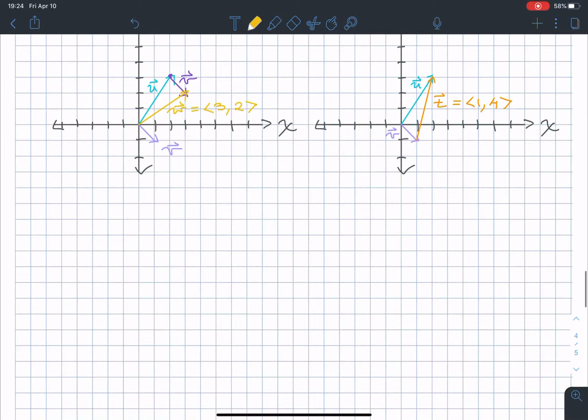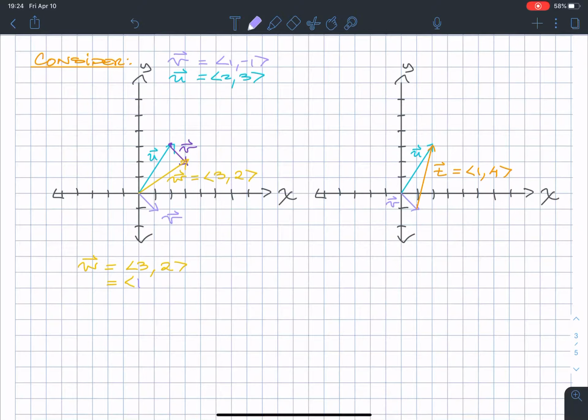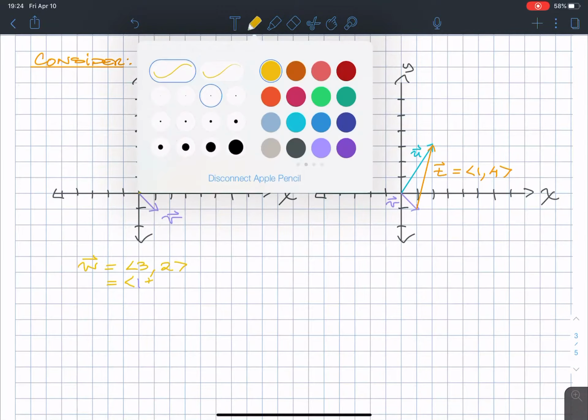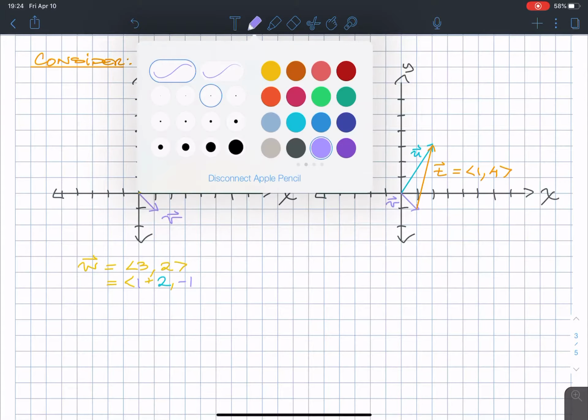Okay, so let's see what happens with vector w. We know that it's 3, 2. But I claim that that 3 can be written as 1 plus 2, comma, and that 2 I claim can be written as -1 plus 3.